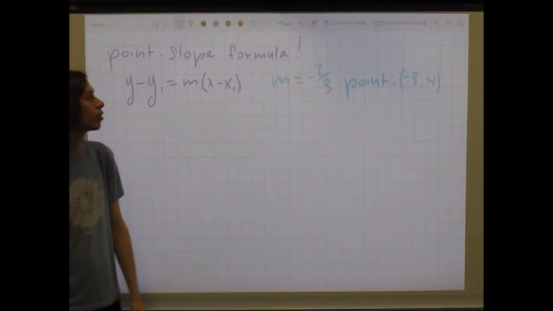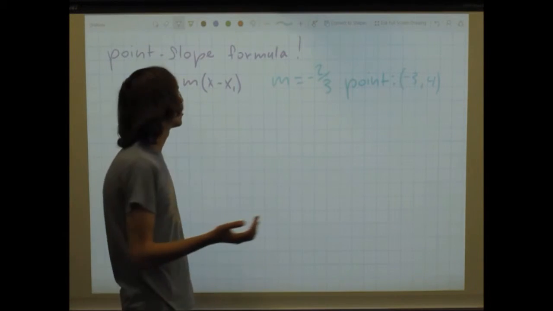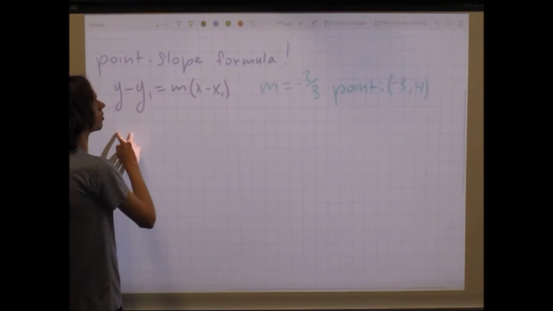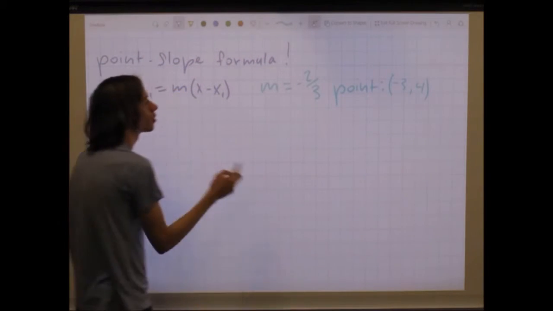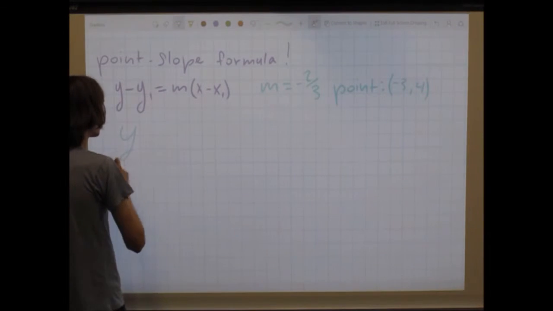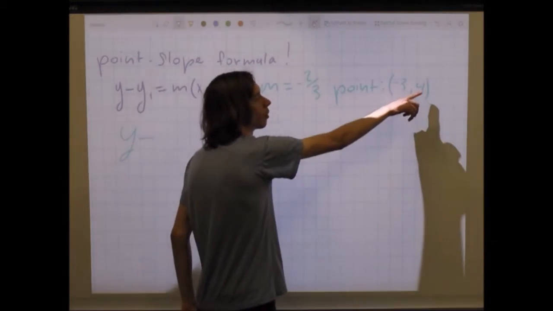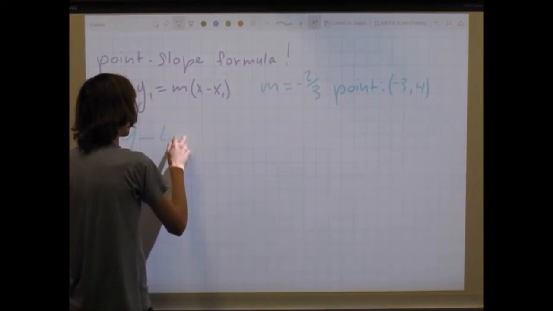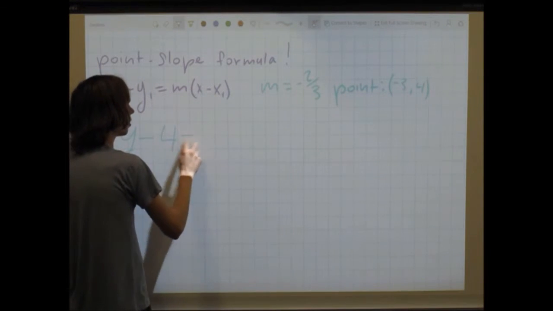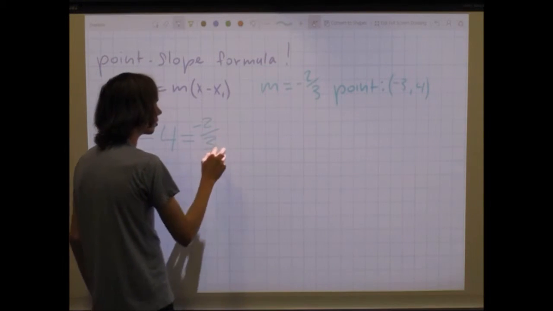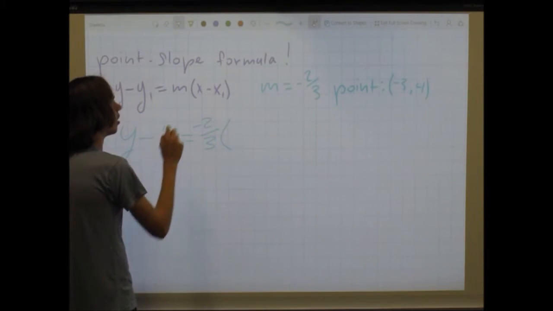Okay, cool, hope you tried that. Let's go over it together now. Just like before, we're going to plug in our values. So y minus y1, the y value is 4 in our point, so y minus 4 equals m, which is negative 2/3, times x minus x1.